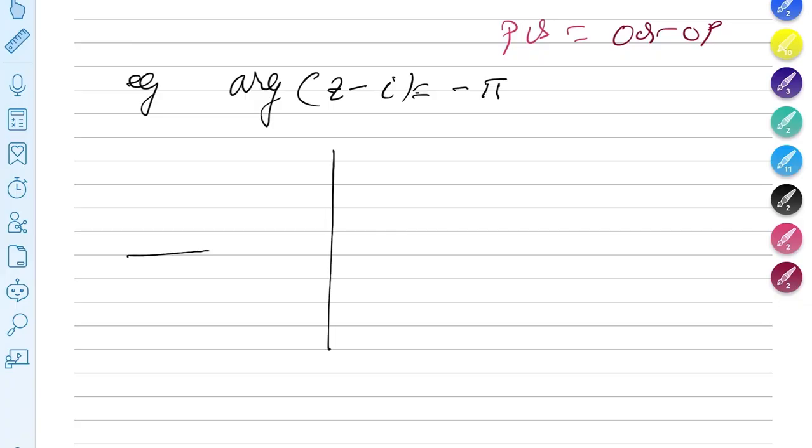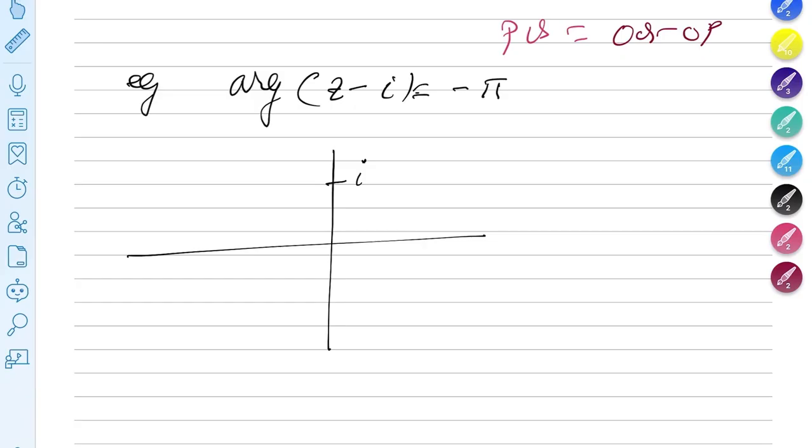I don't know where z is, but we know i is somewhere here, and they are making an angle of minus pi. By the way, minus pi in terms of the principal argument is not possible, but in terms of the general argument it is possible. You should not think otherwise, because we are talking about the general argument, and z is such that the angle is minus pi.